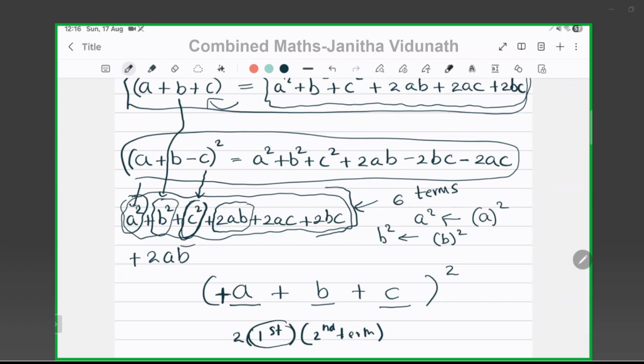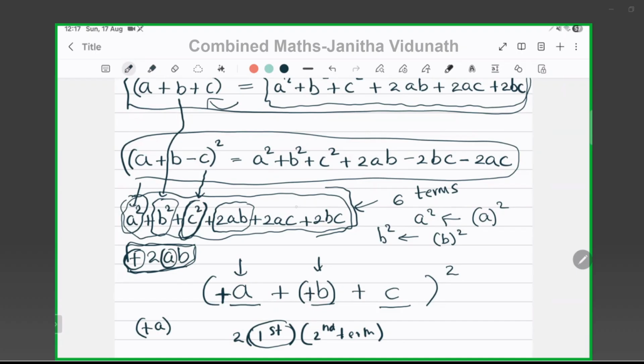Then the final result of the ab product is also positive. Then our second term always needs to be positive. Let me repeat again. Here our first term is positive, and here we get this term from the multiplication of the first term and the second term. Here our final result is also positive. Then if a is positive, then the second term also must be a positive term.